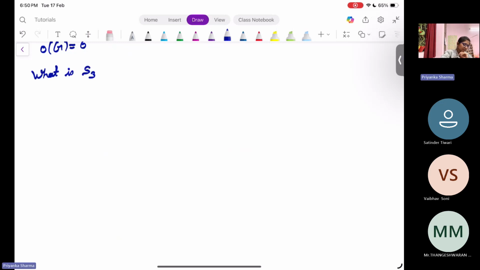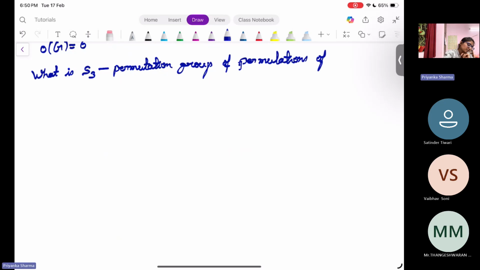What is S3? S3 is basically the permutation group, or symmetric group, of permutations of a set of 3 elements.